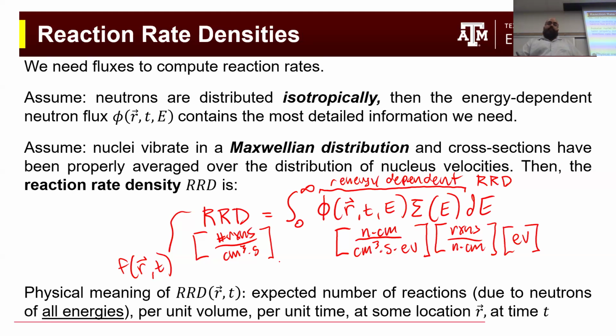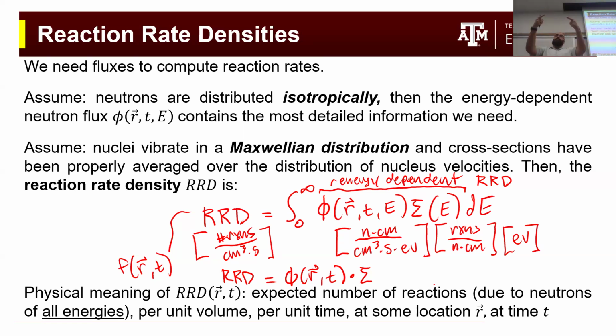The other way you can think about the reaction rate density, once you've integrated over all energies, is that it's equivalent to having your scalar flux times a macroscopic cross-section. So it depends on what you're given.